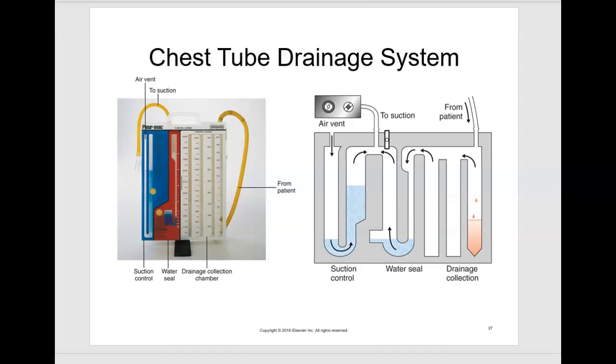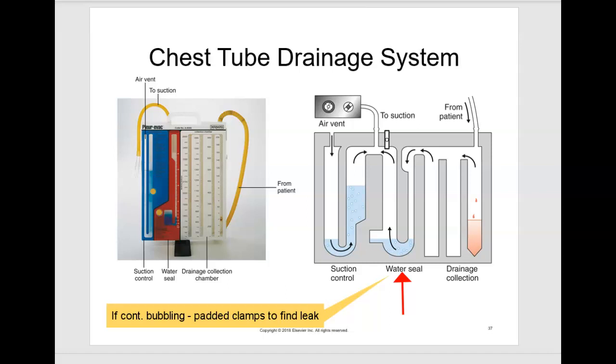And the suction control chamber should have continuous bubbling. If the water seal chamber has continuous bubbling, with a provider's prescription, you can use the padded clamps to briefly clamp off the tubing that's connected to the patient to try and locate where the leak is occurring.